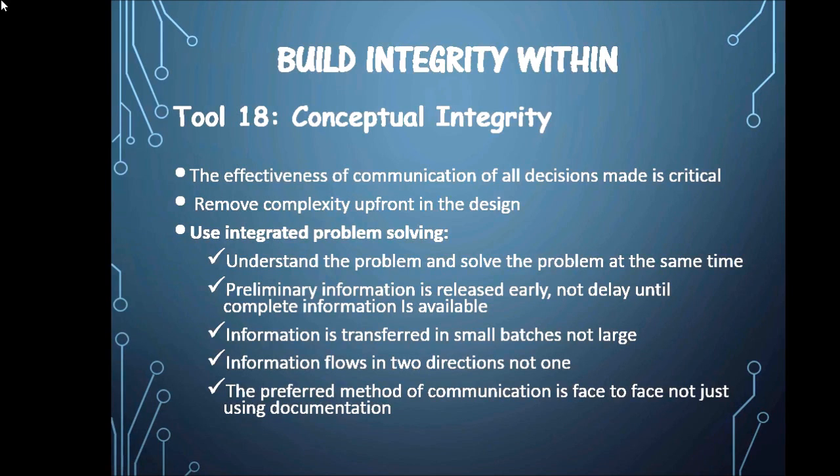Preliminary information is released early, not delayed until complete information is available. Information is transferred in small batches, not in large ones. Information flows in two directions, not in one. The preferred method of communication is face-to-face, not just using documentation.